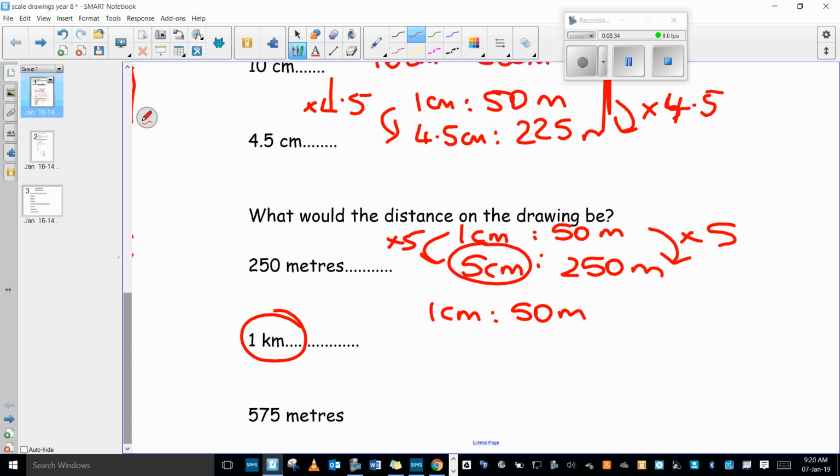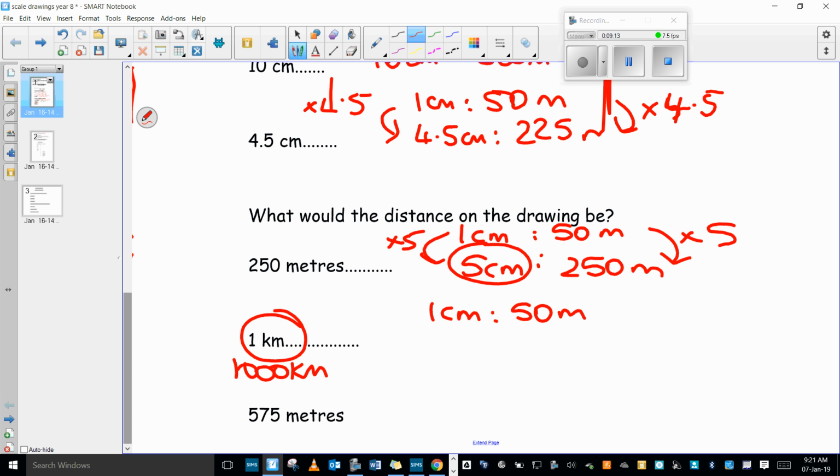My two people that did know: it's 1,000. 500 is half of 1,000, it's totally different.